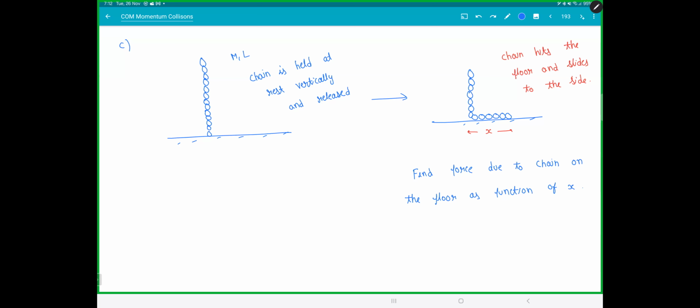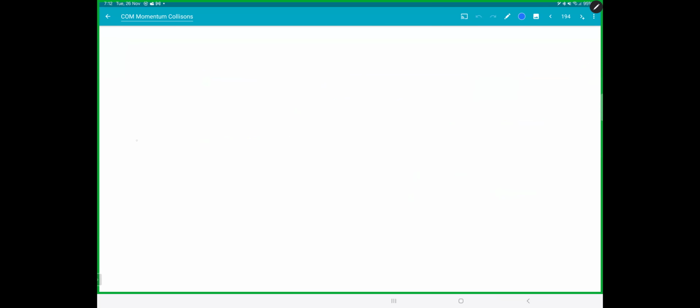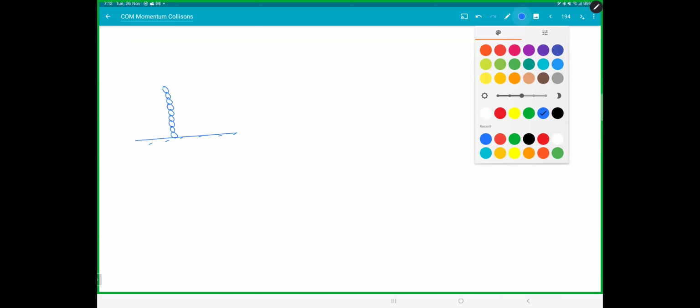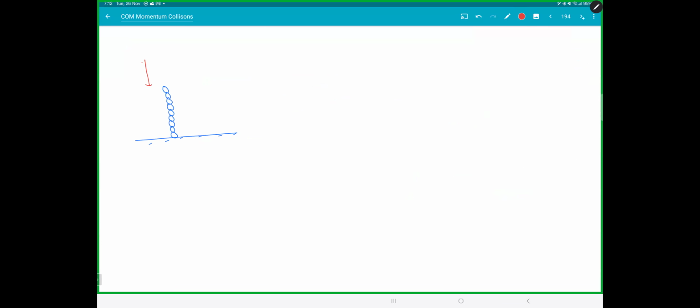Let's see. Now there are two things happening here. If the chain has x on the floor, that means the chain has fallen down by distance x. So it will have a speed v equal to root 2gx. A small part of the chain dx is hitting the floor and going horizontally, so vertically it is stopping.